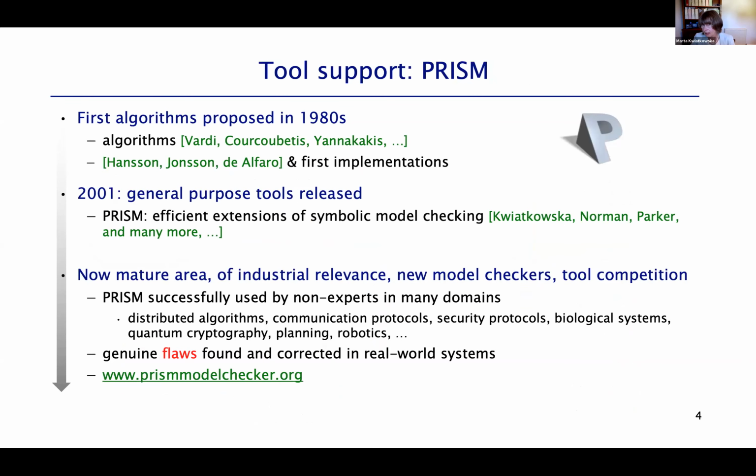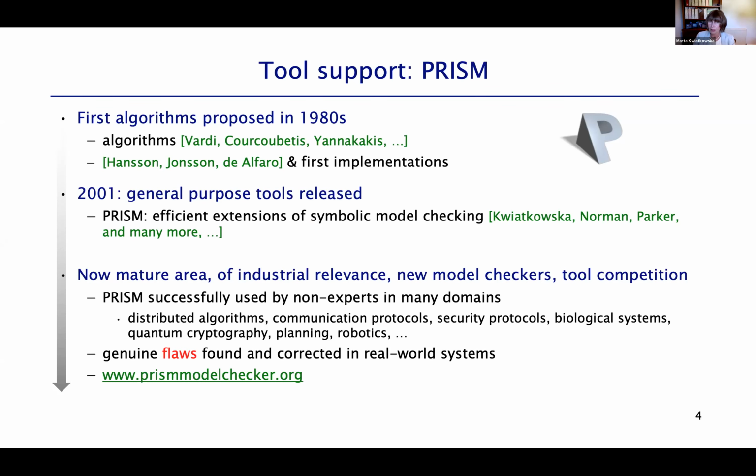And over the years, since around 2000, 2001, I have been working on the tool called PRISM, and it is now a mature area of industrial relevance. There are new model checkers. There is a tool competition that has been deployed in many, many application areas, actually finding and correcting flaws in real-world systems.